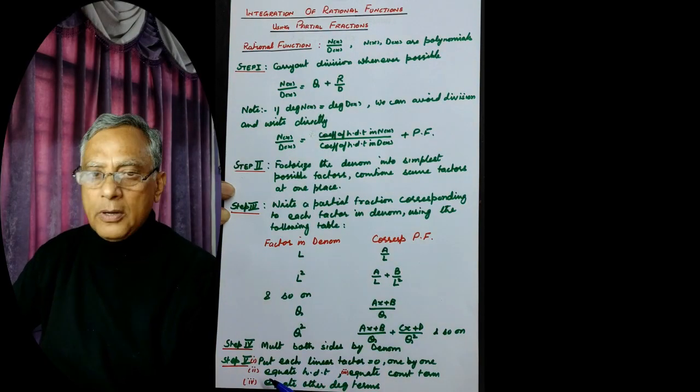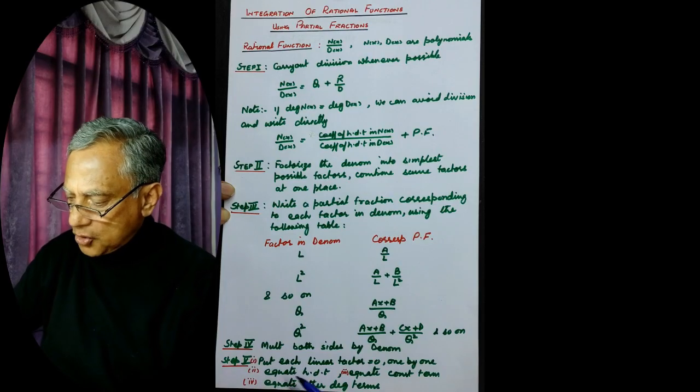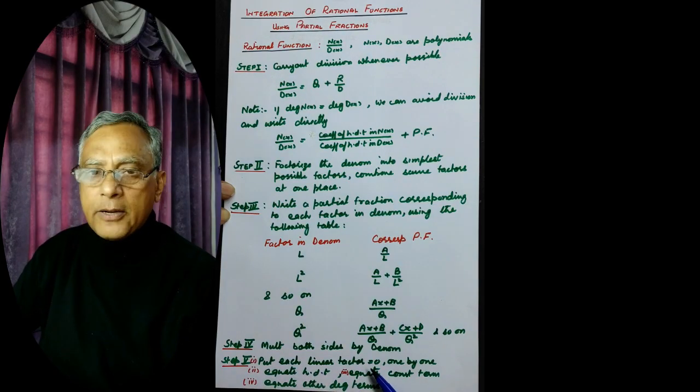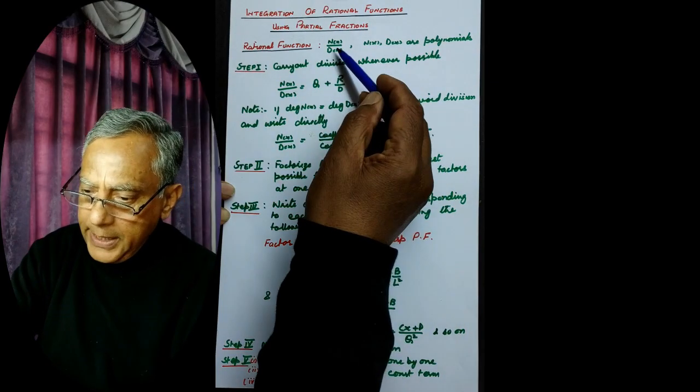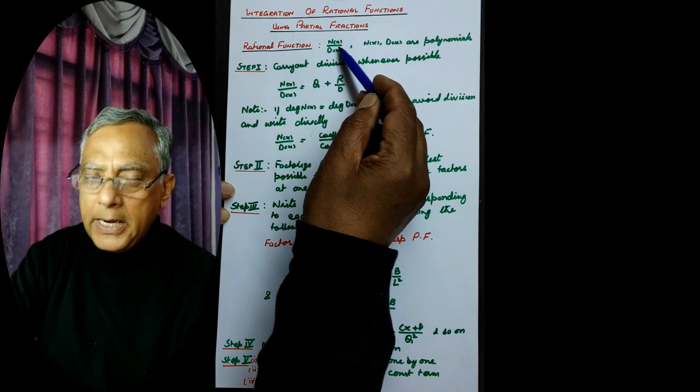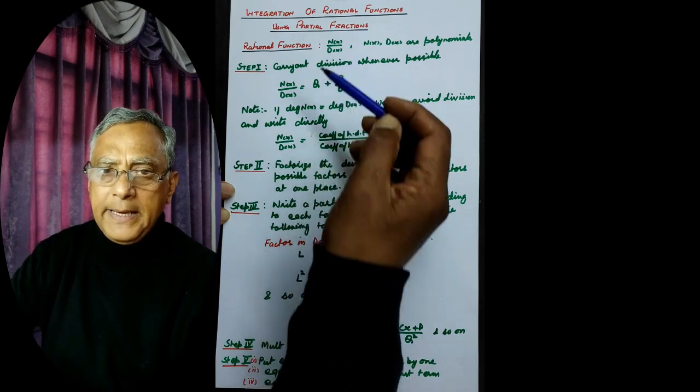And the best method to find these constants will be, we will put each linear factor in the denominator equal to 0, 1 by 1.